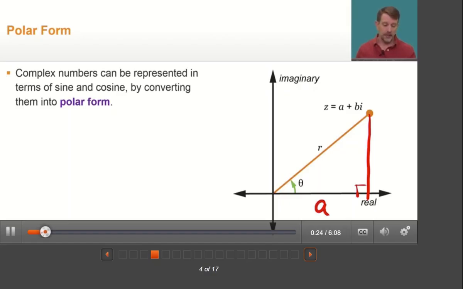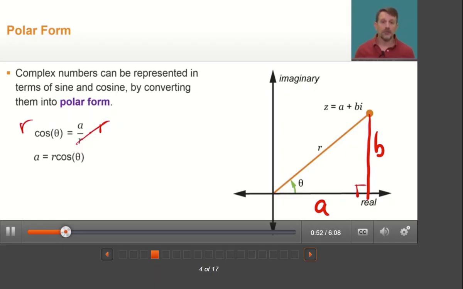A will be the leg on the horizontal, and b will be the vertical leg. Let's start with a. By definition, cosine theta equals a over r, the adjacent side over the hypotenuse. Multiplying both sides by r, we'll divide out on the right, and we'll get a equals r cosine theta.